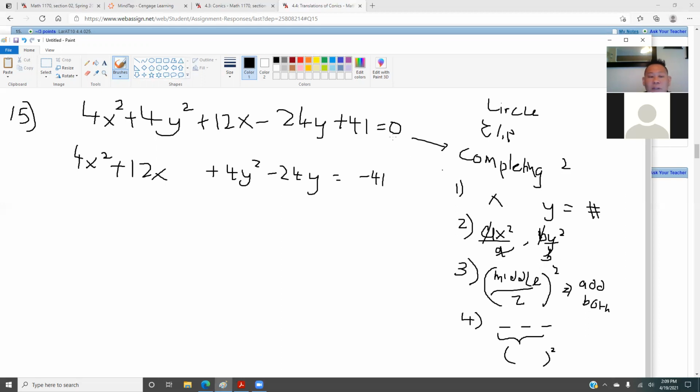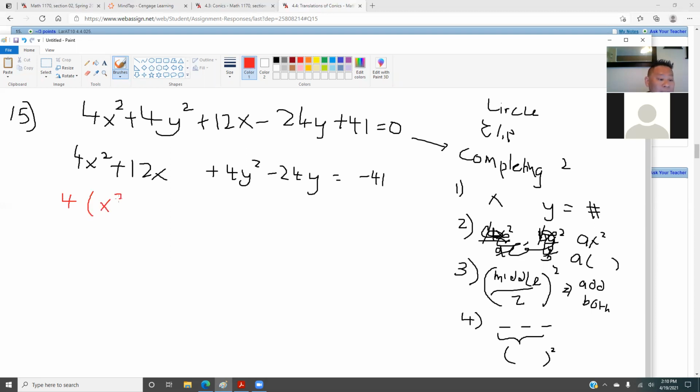Instead of dividing here, I should not divide here. Actually, you don't divide here. If you have a leading coefficient, you factor it out. Sorry about that. For the x case, we have a leading coefficient of 4, so you have to factor the 4 out.